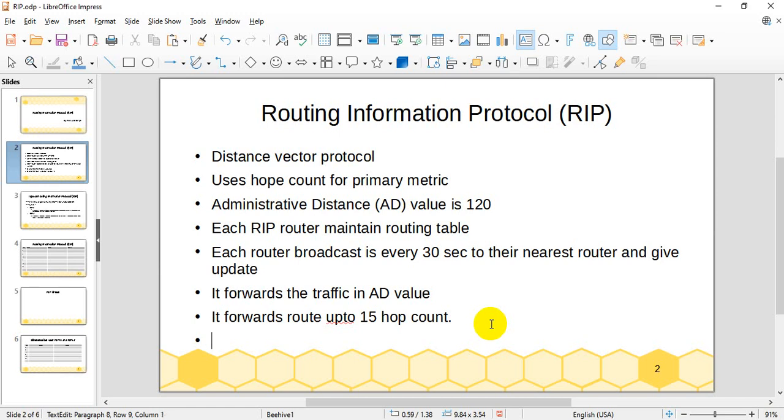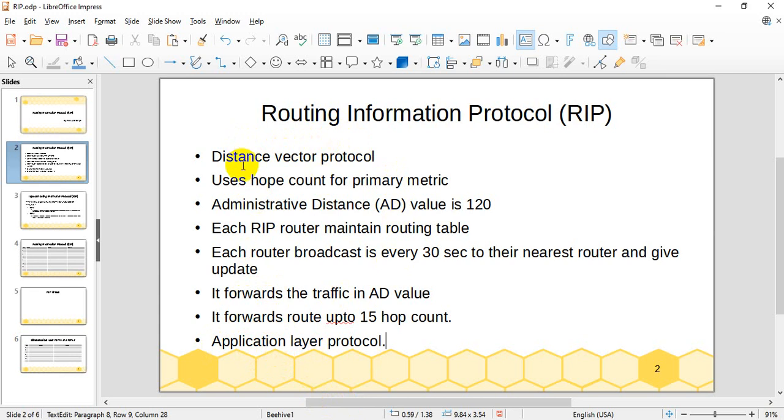This kind of question might arise: which layer does the Routing Information Protocol belong to? Is it like TCP, a protocol of the application layer, transport layer, session layer, or physical layer?